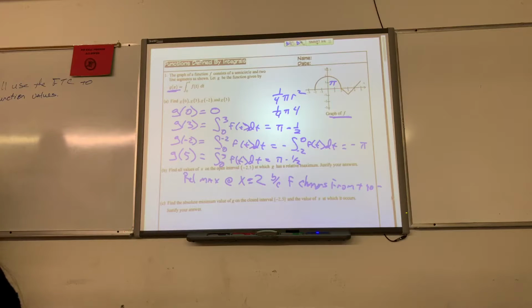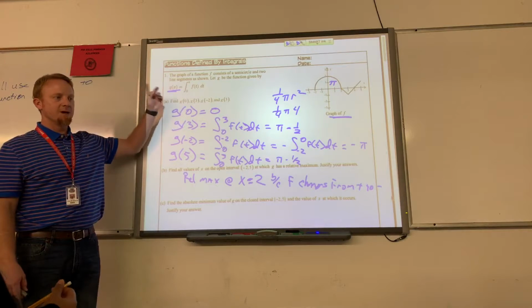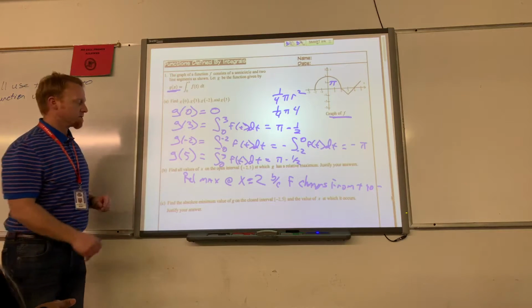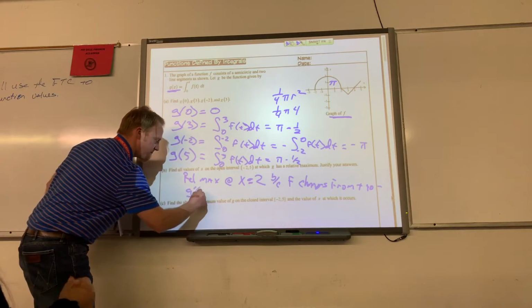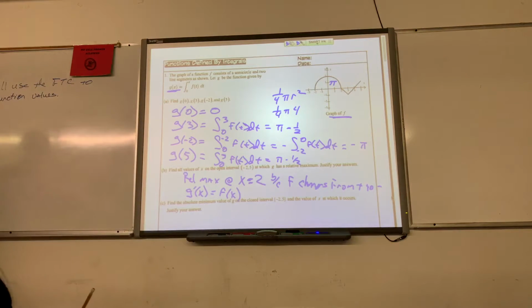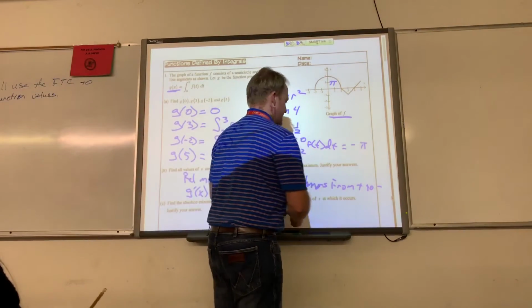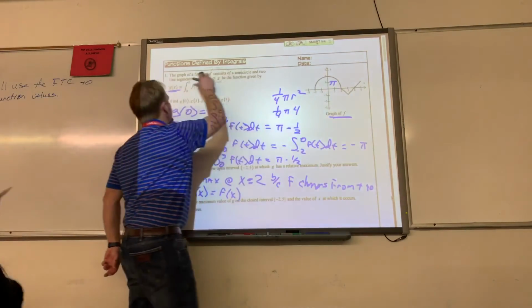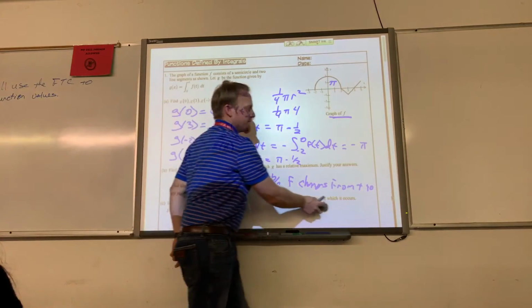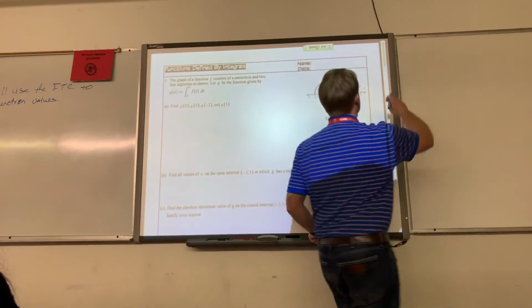G is above F, so that means F is what to G? The derivative. So you have to show that G prime of x is F of x. You have to show them that you know that. Once you've done it, you don't have to do it on any of the other problems associated with this problem.